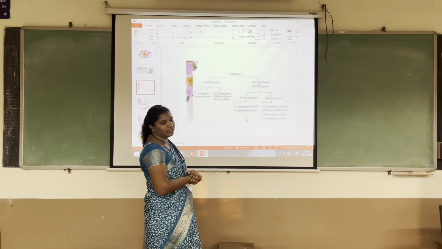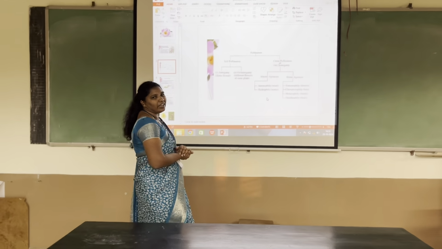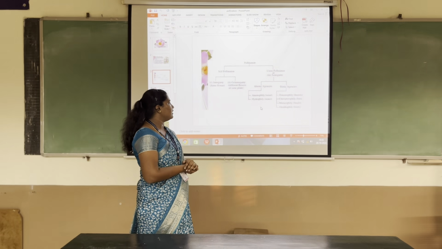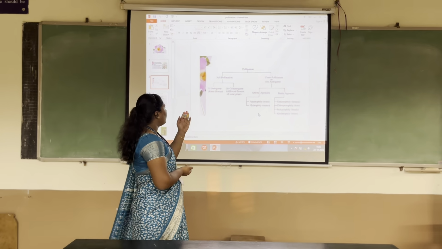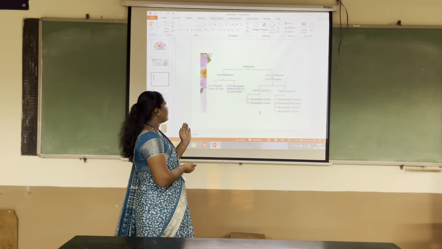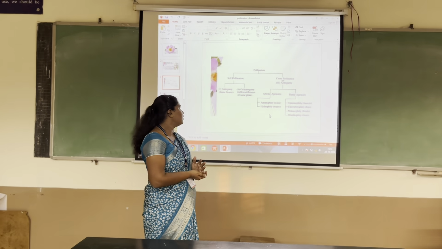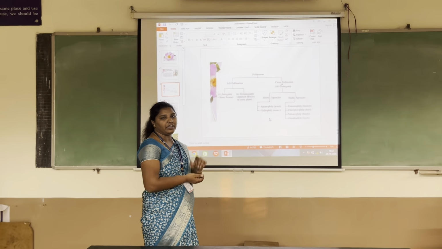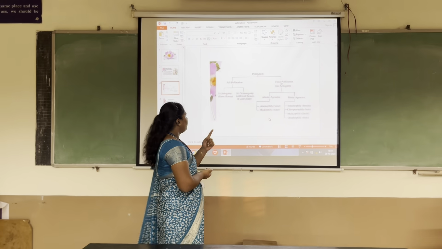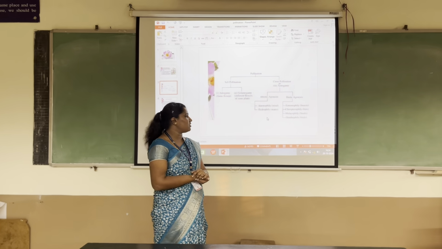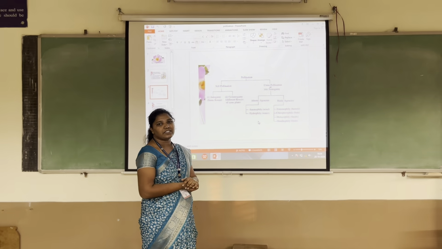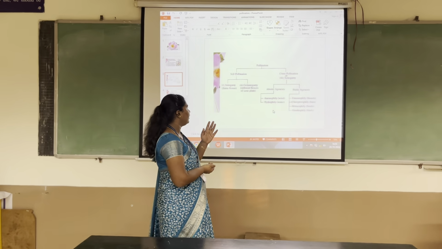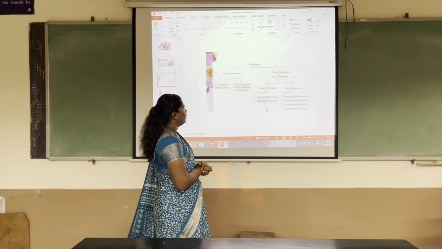In self-pollination, we can see two different mechanisms: the first is autogamy and the second is geitonogamy. Autogamy takes place within the same flower, meaning both organs are in one individual flower. Whereas in geitonogamy, we see different flowers of the same plant, so two flowers are involved.